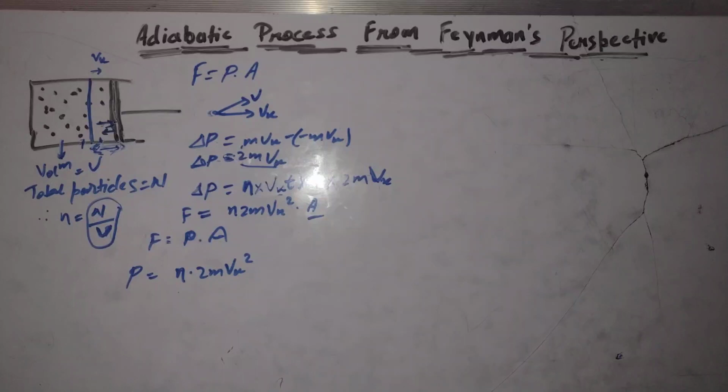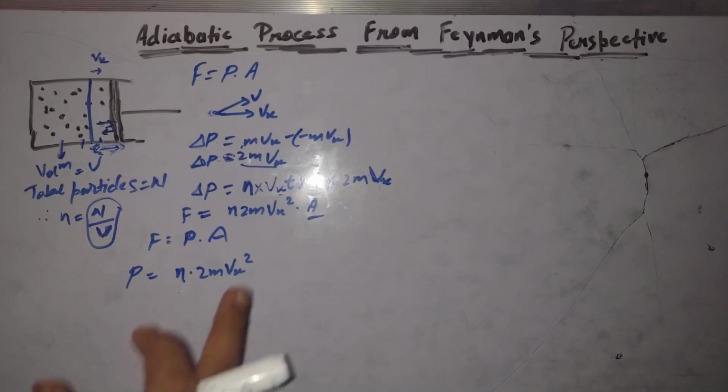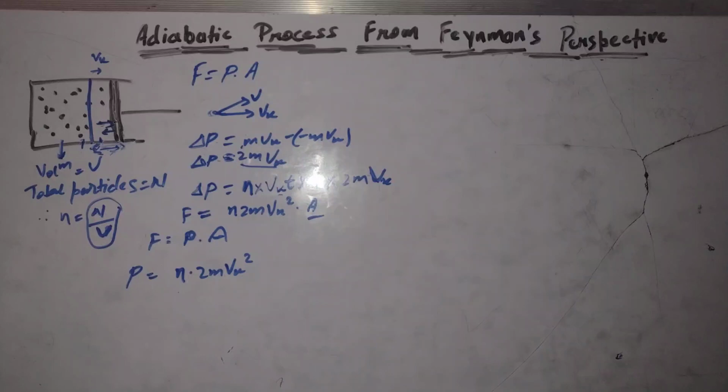Now we can see that there is a consideration that we didn't take seriously while writing those equations initially, and the consideration was that every particle would have a different speed. Okay, every particle would have a different speed, but we imagined that every particle is moving at the same speed, so we have to correct that now. And how will you correct it?